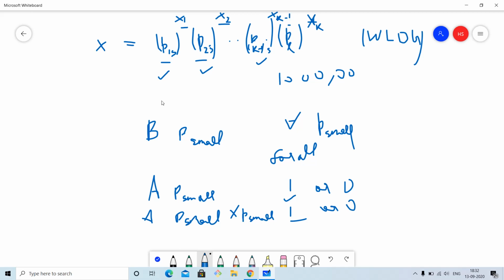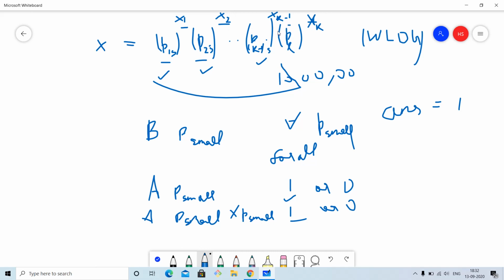Up to however many small primes we can find factors for, we multiply these into our answer, which initially we take as 1. So our answer, after multiplying by all these factors, will become p1 to the x1, p2 to the x2, up to p k minus 1 to the x k minus 1.